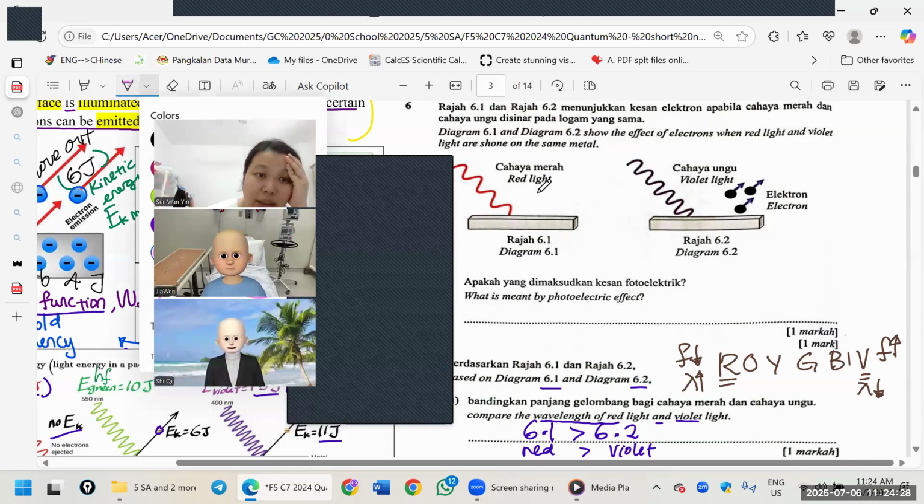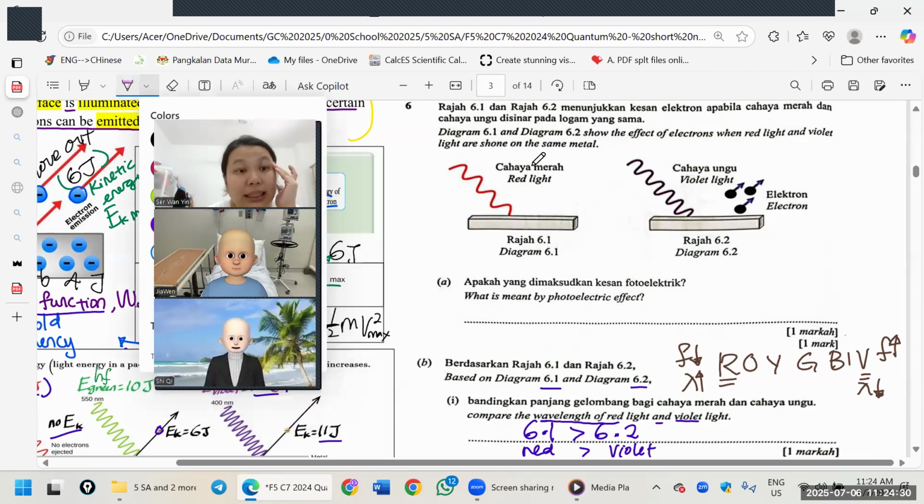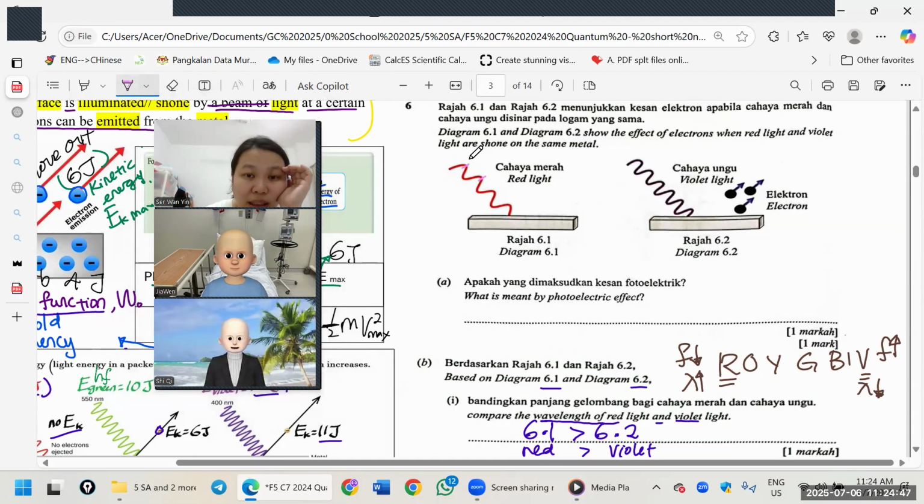Okay, actually, you can directly measure. Please remember if you have no idea, or you didn't study this chapter, it's okay. For number 5 and number 6, you just use your ruler to measure. Wavelength is actually from crest to crest. Now, this is the wavelength for red, and this is the wavelength for violet. I can see already.